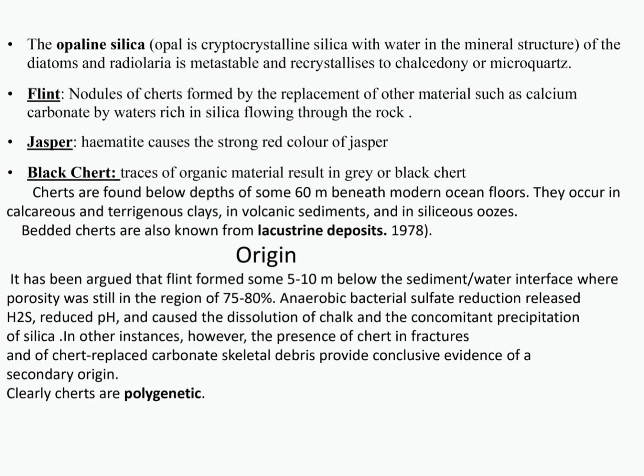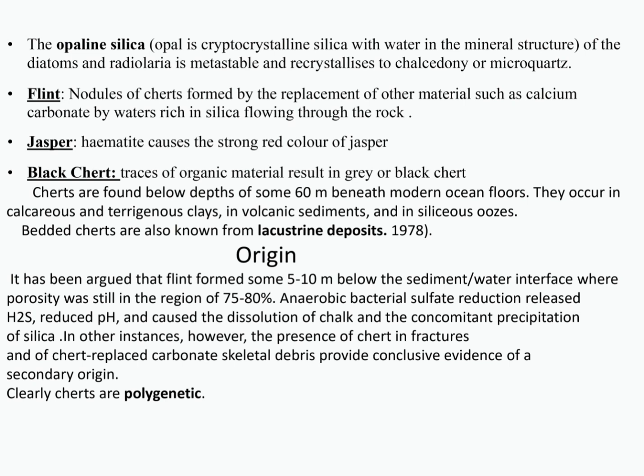So clearly we can say that cherts are polygenetic. They do not have only one mode of formation; they can form by many modes. Anaerobic bacteria are also responsible for the secondary chert layer, and replacement is also there.